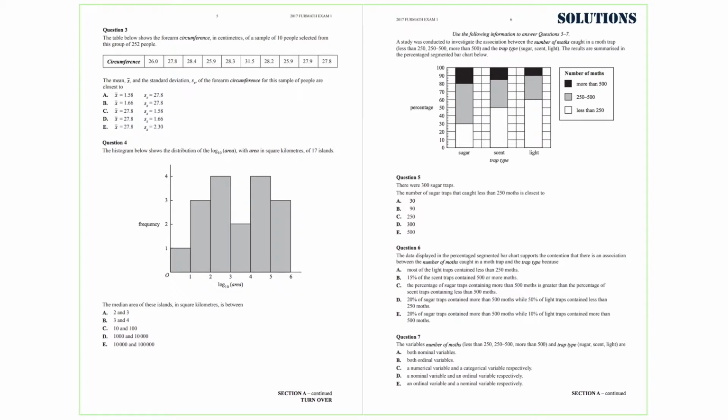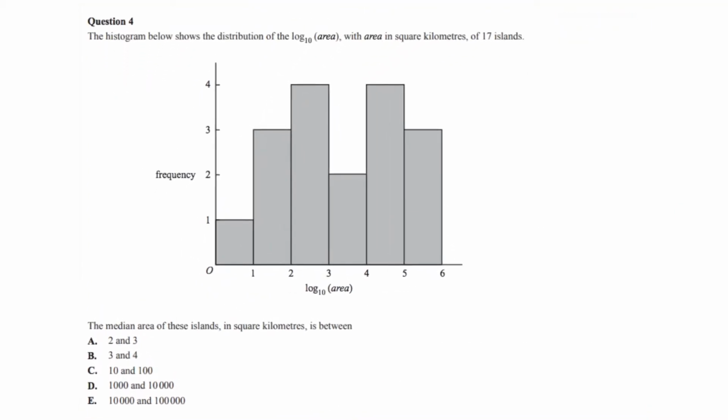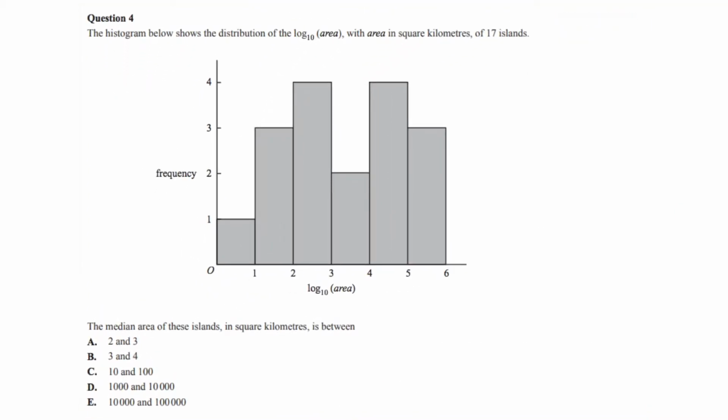In question 4, we are given a histogram that shows the distribution of the log in base 10 of area, with area in square kilometers, of 17 islands. The question is asking for the median area of these islands in square kilometers.